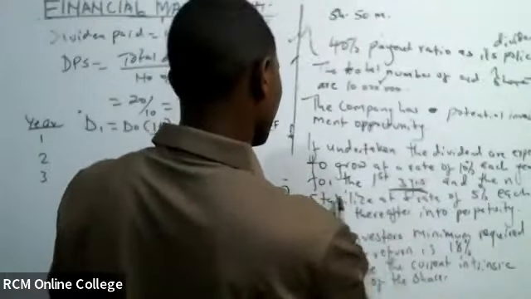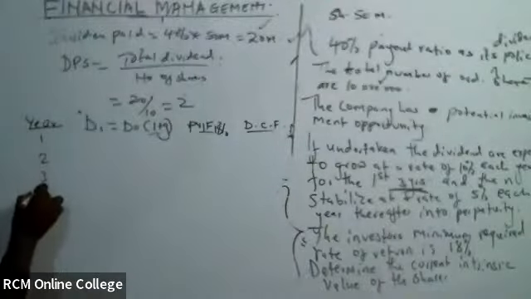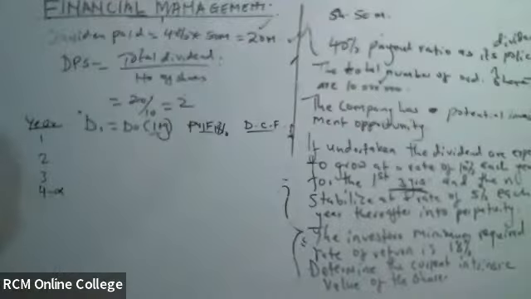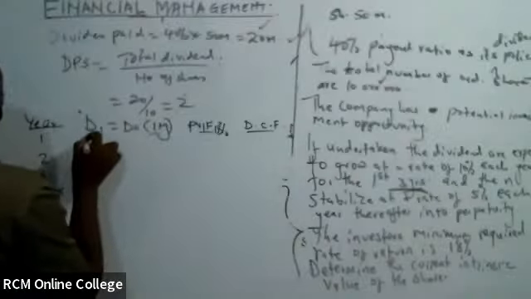Each thereafter. Inastabilizia tu hapo. So from year 4 to infinite. Year 4 ndio inaenda to infinite. Are we together? That's the order. Now we start growing this 2.